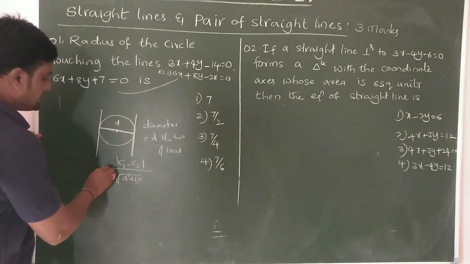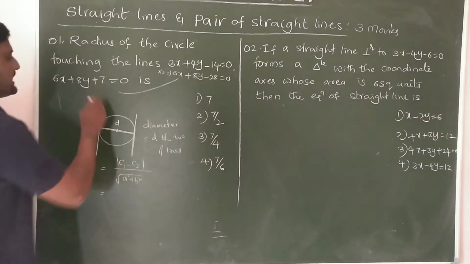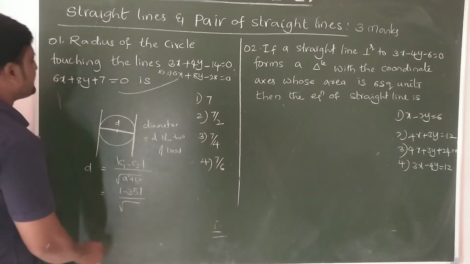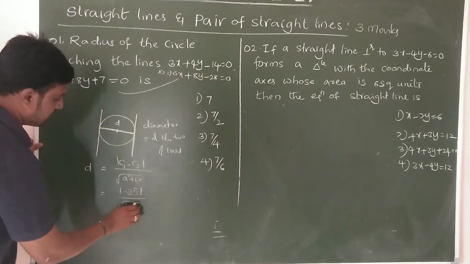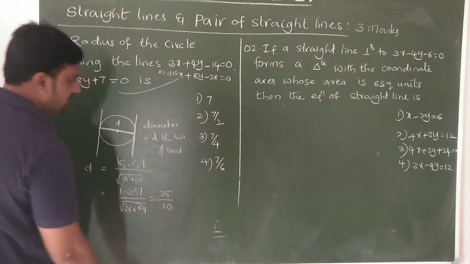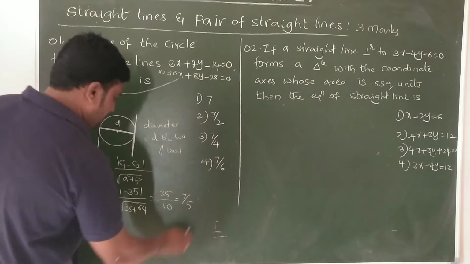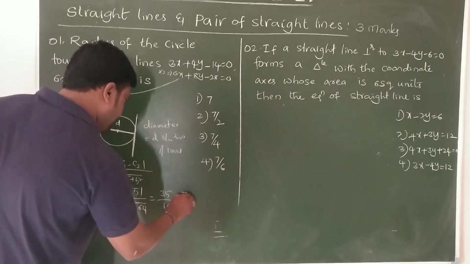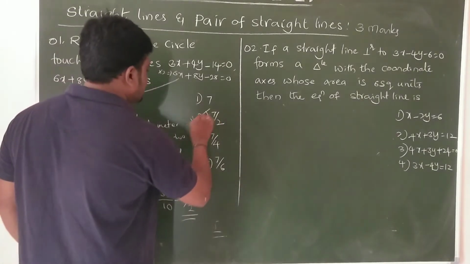The distance is c1 minus c2, 28 minus minus 7, that is 35, by under root a square plus b square. a and b are the same in both equations, so 36 plus 64, it is 35 by root 100, which is nothing but 35 by 10. Now let me check it. 5 7s are 35, 5 2s are 10. Yes, 7 by 2, the second option is the right option.